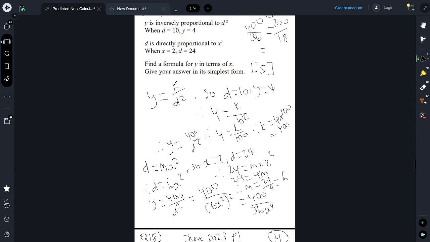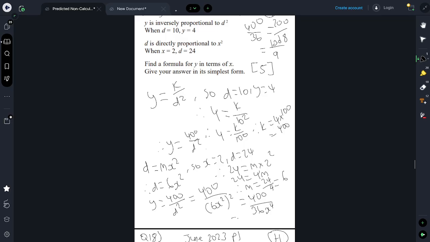Again, they're both even. Divide both again. 100 over 9. And there's nothing you can do here. We can't simplify this anymore. Because 9, well, not much goes into 9. 9 doesn't go into 100. 3 doesn't go into 100. So we can't do anything more with this.